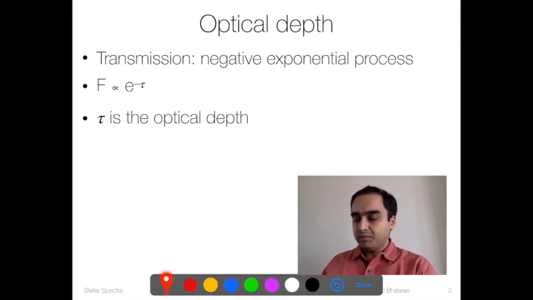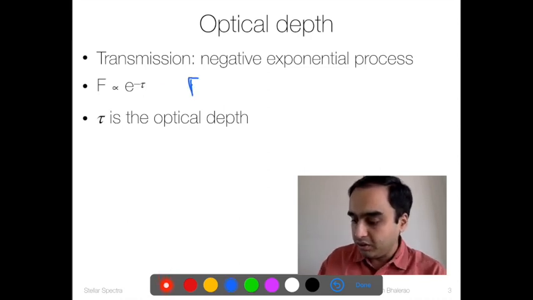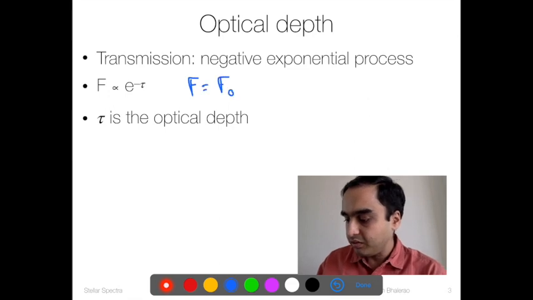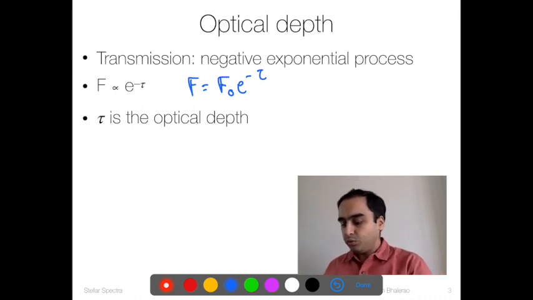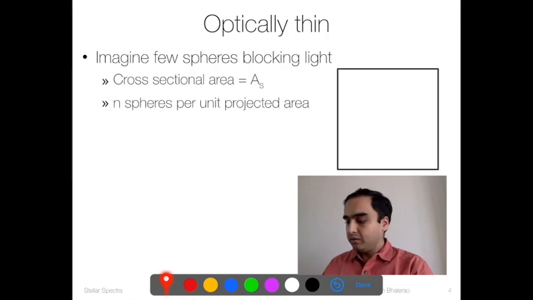So the optical depth tau is defined such that the flux is equal to F naught times e raised to minus tau. So F is equal to F naught e raised to minus tau, and this tau is called the optical depth of the medium.